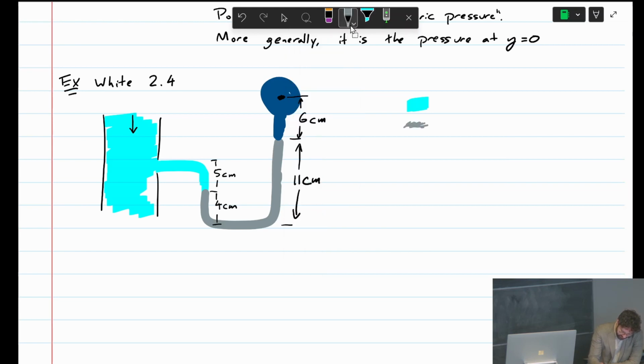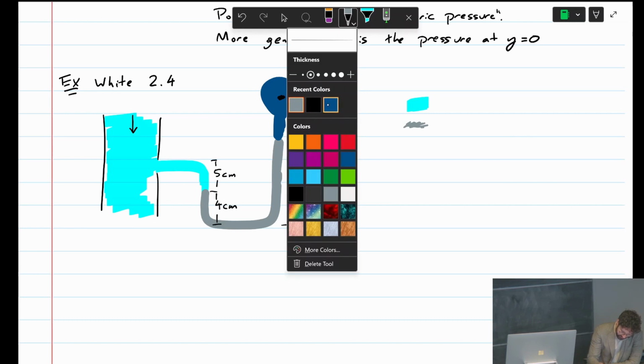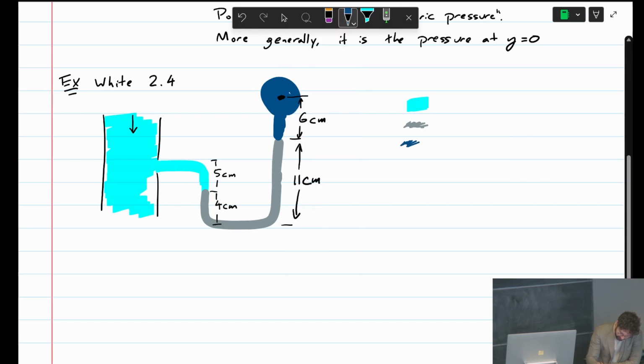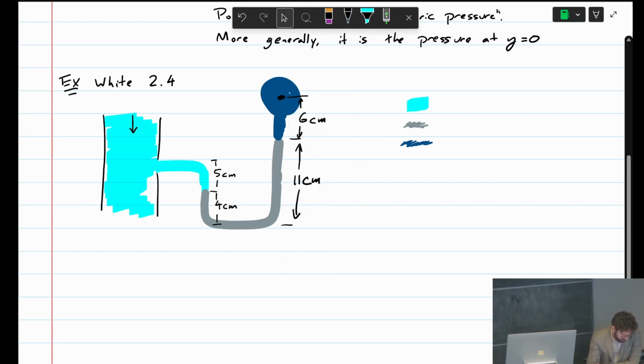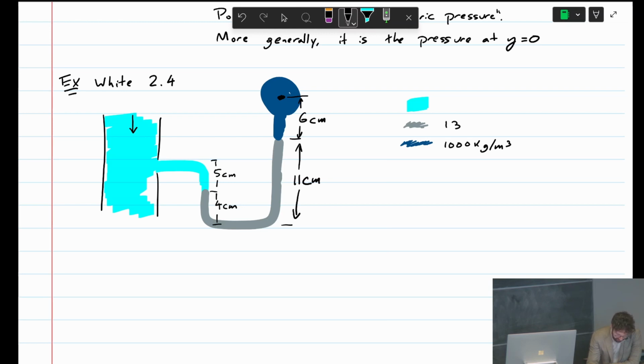I'll give you the densities. So the blue fluid has 1,000 kilograms per meter cubed. The gray fluid is 13,567.